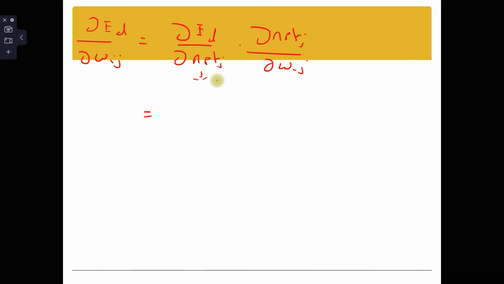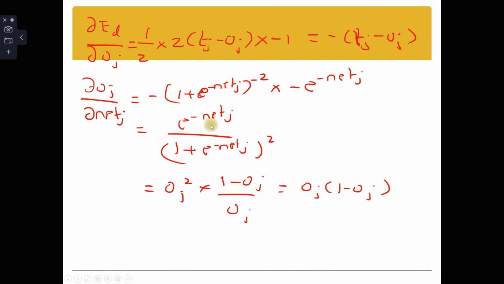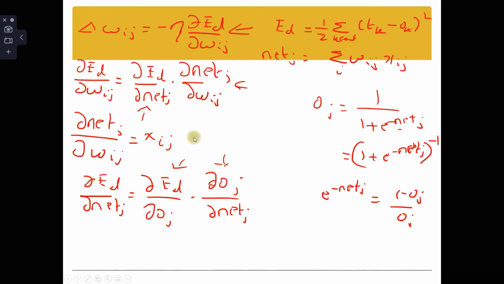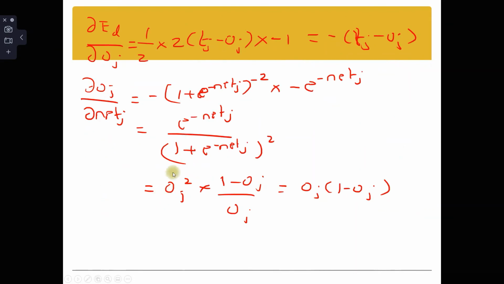So the del ed by del net j, as you have noted, was obtained through these two values here. Negative tj minus oj into oj into 1 minus oj. All right?